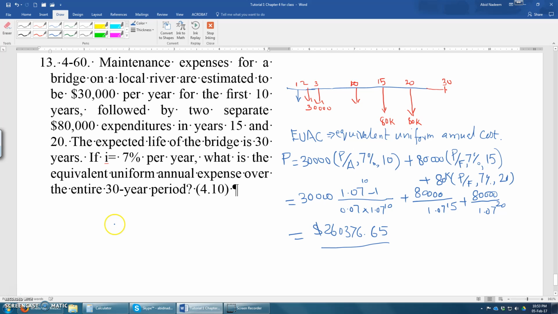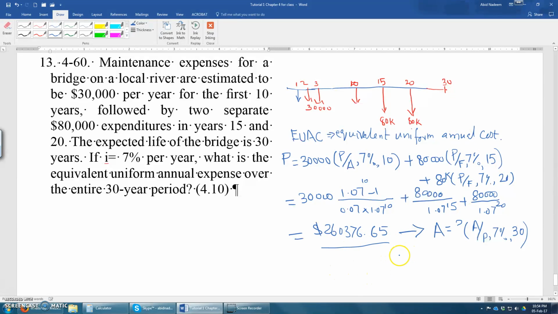We need to find their annual equivalent, so we can use this value to convert it to an annual value. We need P into A over P, 7%, and we spread it over the whole life of 30 years, because the life of the bridge is 30 years.